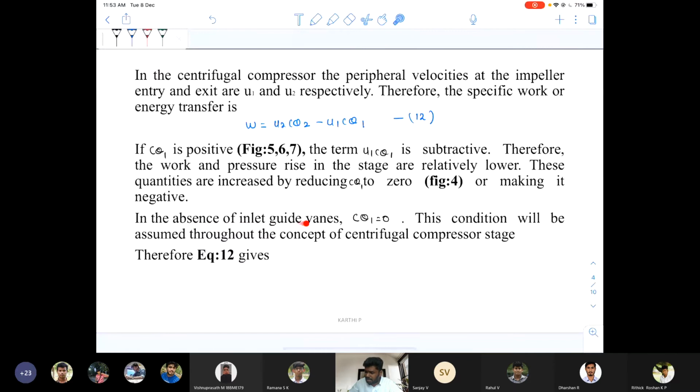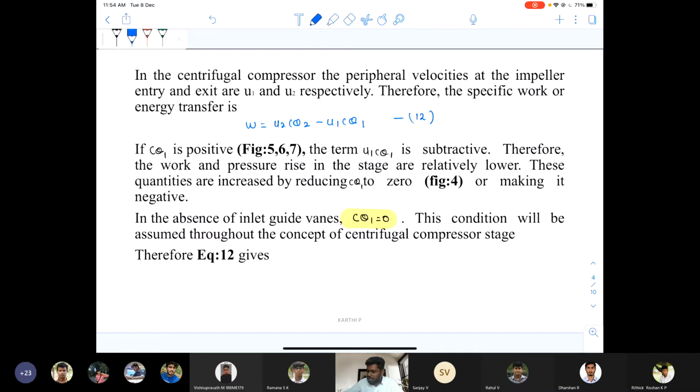This condition will be assumed throughout the concept of the centrifugal compressor stage. That is, we are considering the inlet guide vane as absent and therefore C theta 1 is equal to 0.